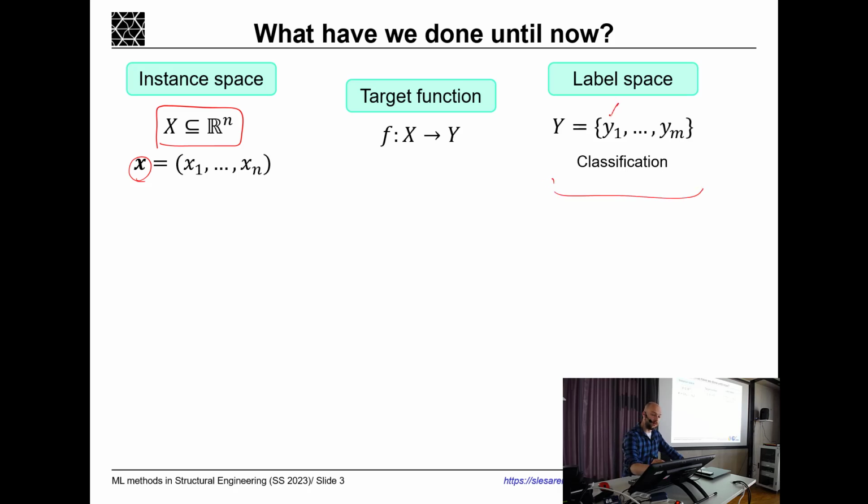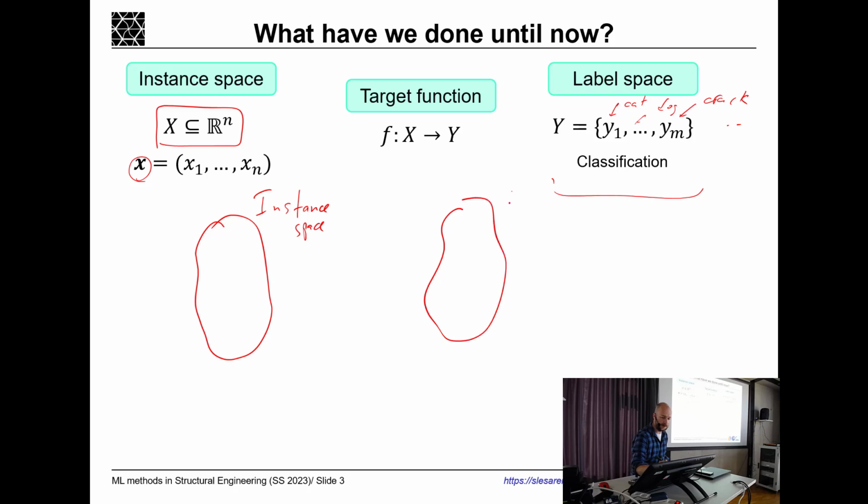For instance, one label will be responsible for cat, dog, or some sort of crack, whatever. What we are actually looking for is a target function that matches instance space and label space. And usually we have our training data set, so we have this instance space here, and we have something like a label space.